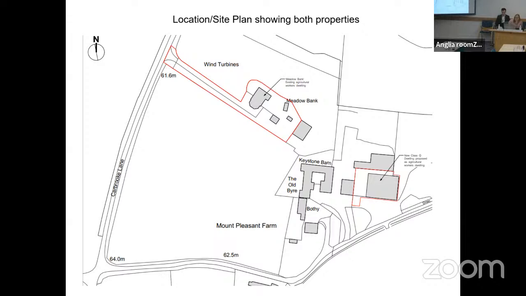But as this application proposes the retention of that restriction, just the transfer of it to another associated dwelling, there's no agricultural dwelling lost, and therefore the requirements of Policy HEA13 are considered to have been met. As a result, the proposal is considered acceptable, and we are recommending approval with delegated authority to issue the decision once a legal agreement has been completed to administer the change or transfer.